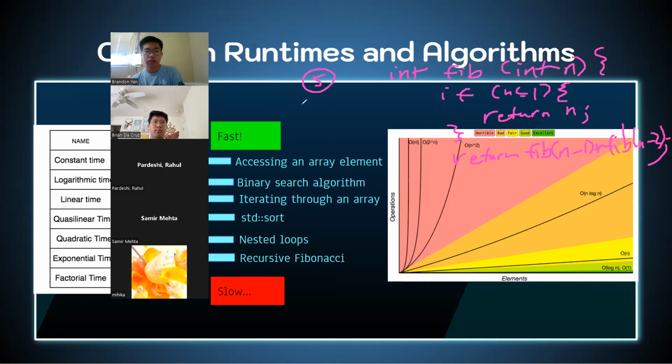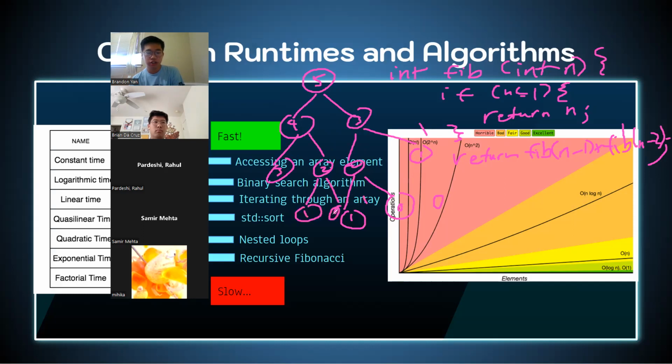I'll go here, and now I'm going to call 4 and 3. And now I'm going to call 3 and 2. And now I'm going to call 2 and 1 on this one. And this is going to return 1. This is going to keep on going down. This is going to return 1, 0, and this is going to return 0. This is going to return 1. As you can see here, each function call basically splits into 2 separate ones.